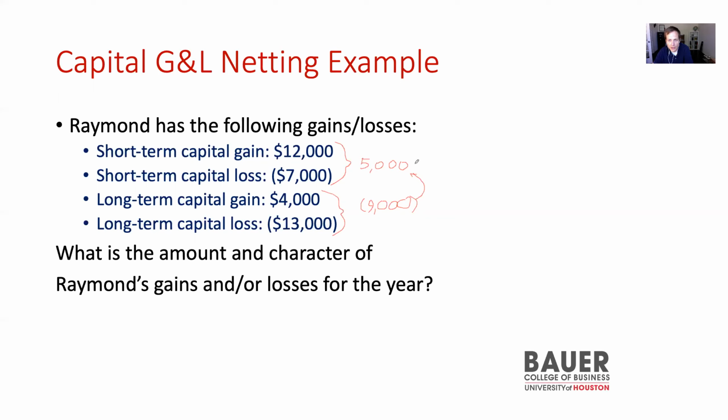So now I can go minus 5,000 of this. Now my short-term capital gain is gone, and I only have $4,000 long-term capital loss left, because I used 5,000 of it to net this.